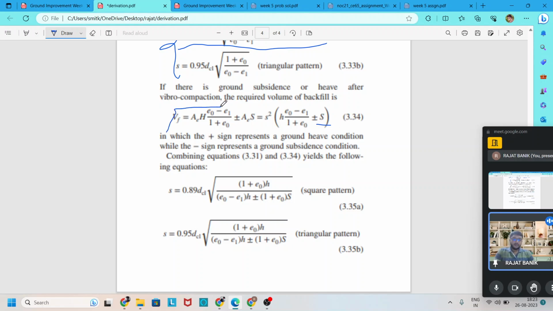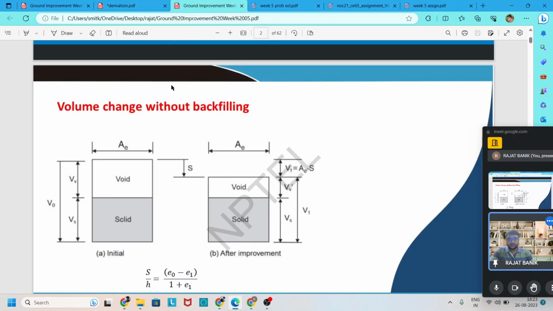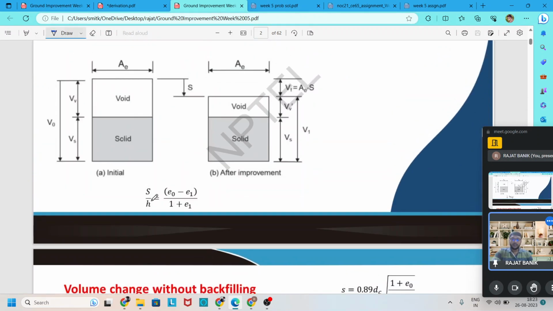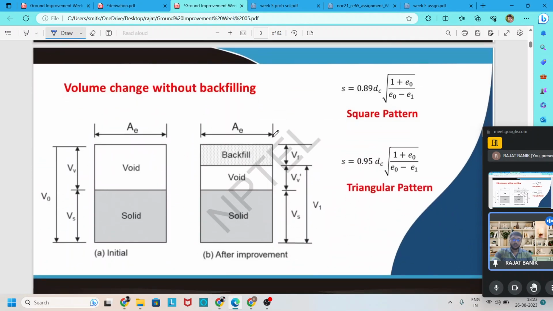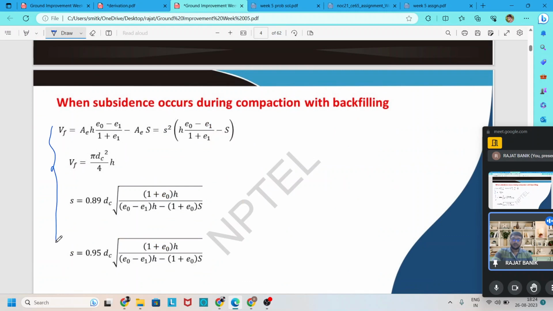So we modify our equation like that, and after doing the same calculation, we arrive at this type of equation. In this way, we can derive different spacings for different patterns and different conditions. Moving to our previous slides, we find all the formulas here. This one, this one, this one, and these ones.